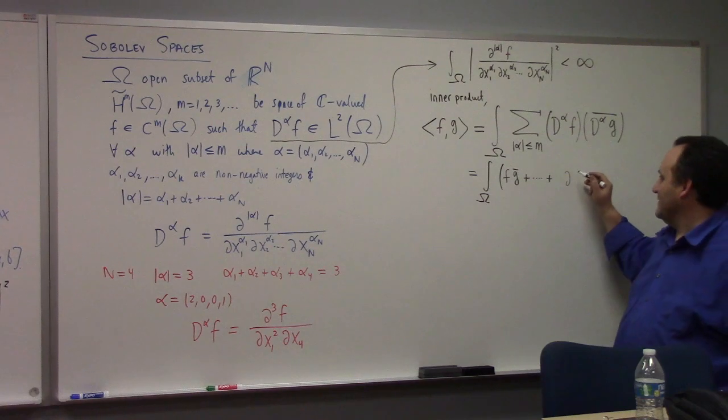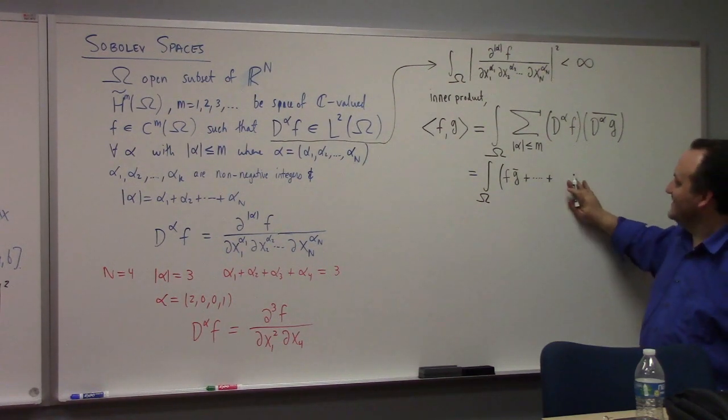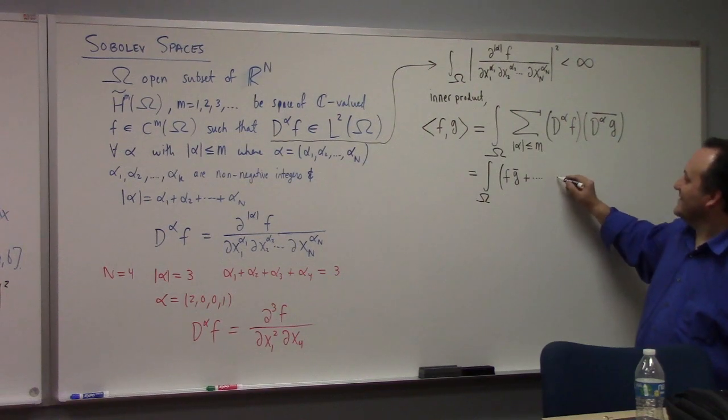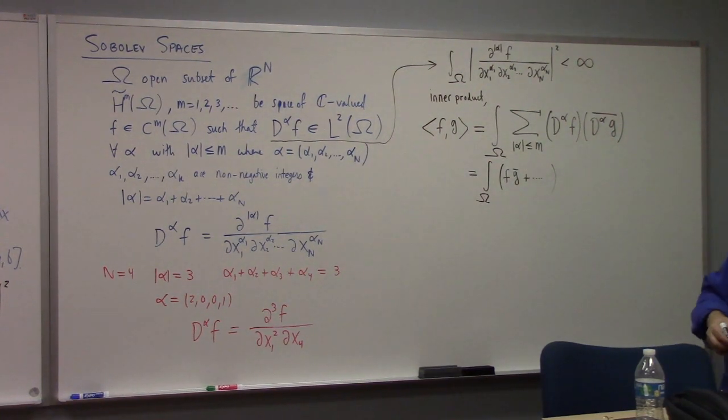I don't have a nice way to write that out, so I'll just leave it at that, plus the derivative terms. But he has it for n equals 2 there.